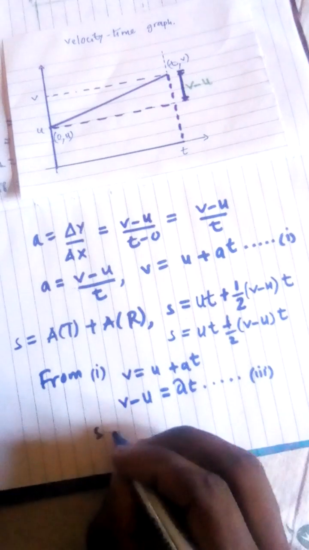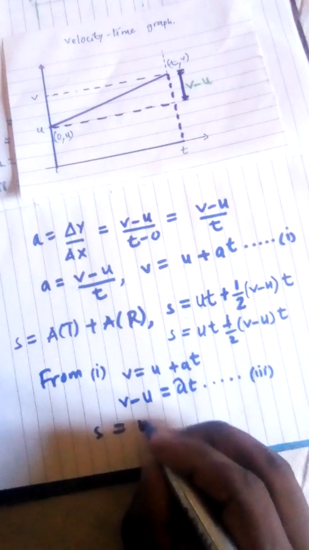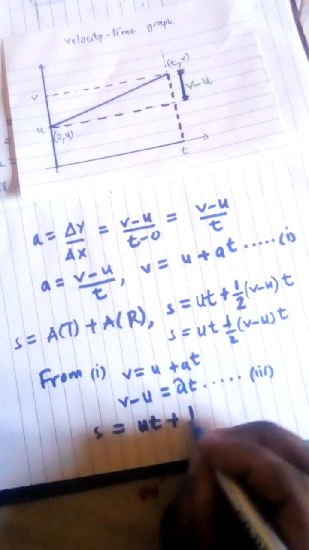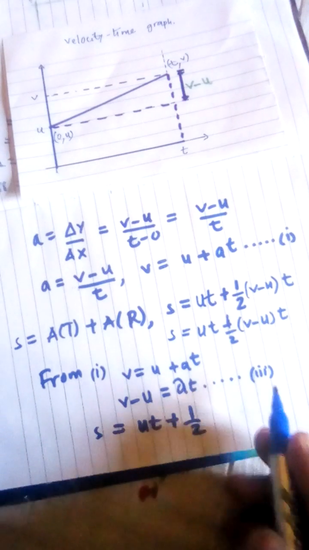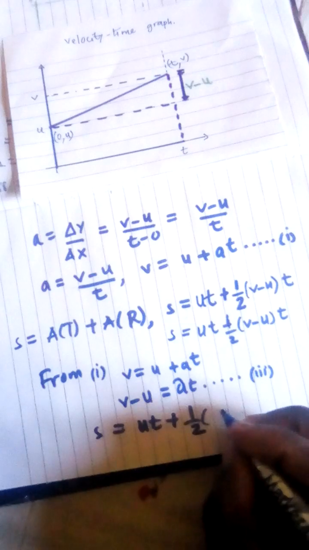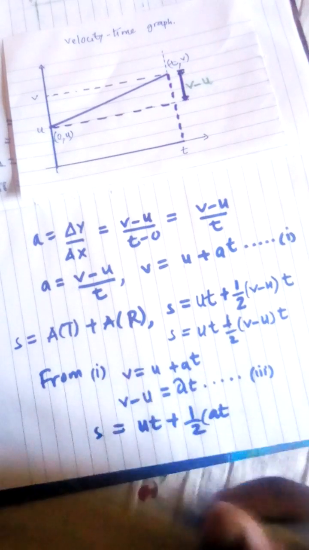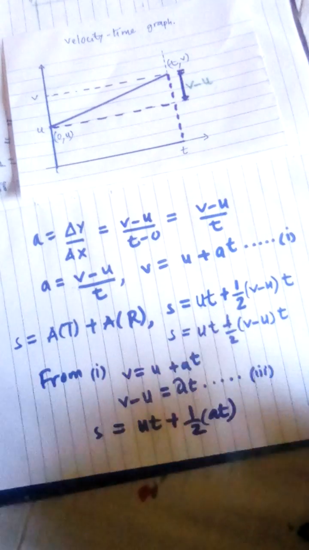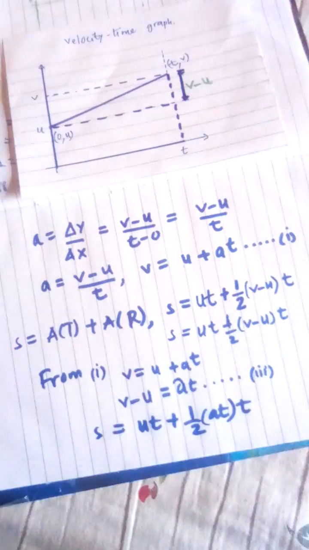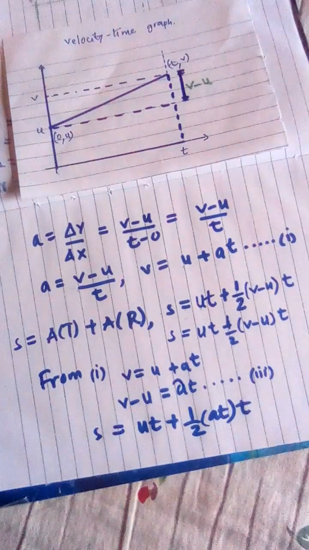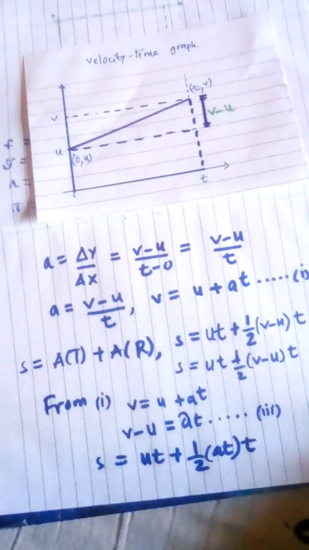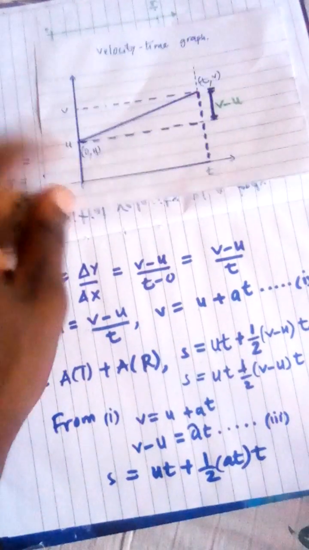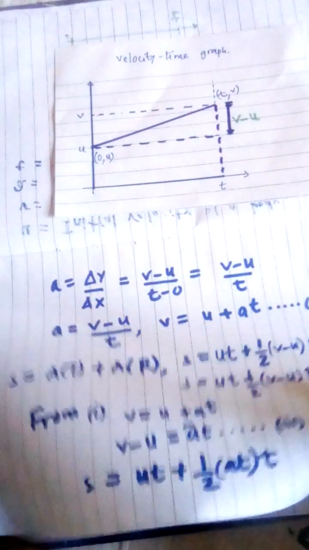So s is given by ut plus half (v minus u), which we just said from the third equation is basically at, and then don't forget the t that we had before. Okay, so now it's not that difficult to understand, it's pretty simple. Let's go to the next page and see how we can compute this.